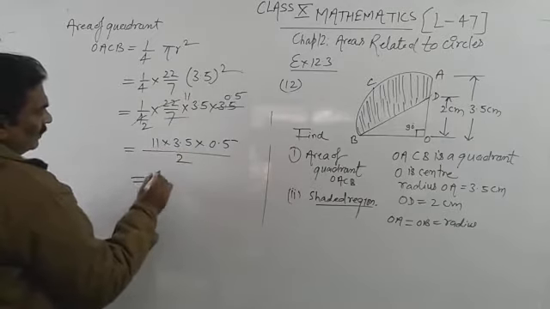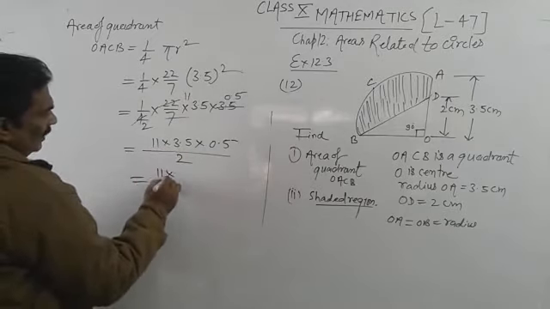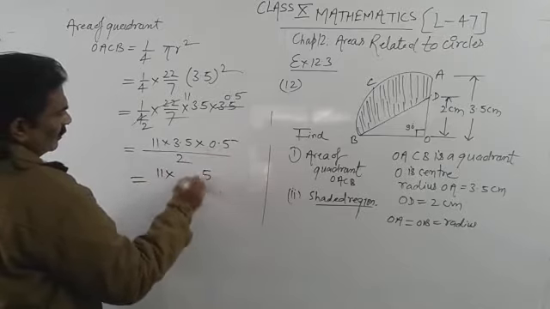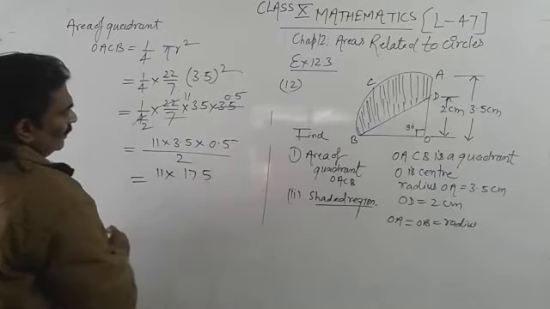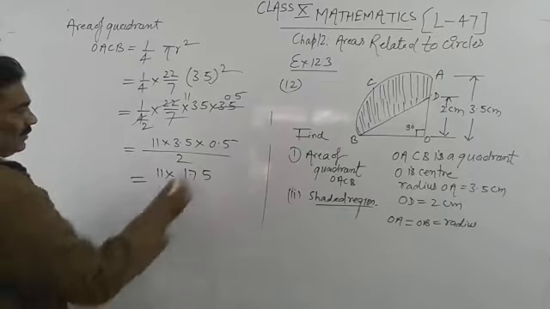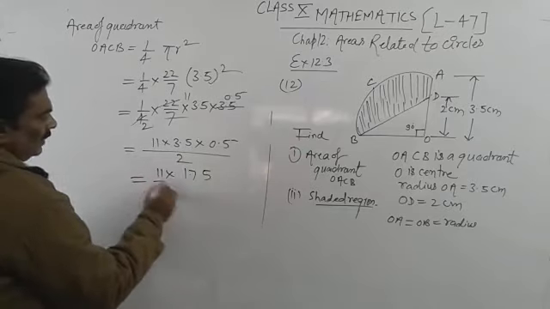Now multiply this, 11 multiplied by 1.75, 35 5s upon 2.